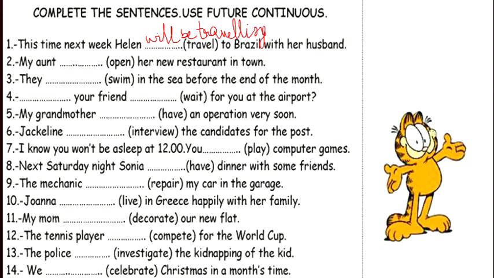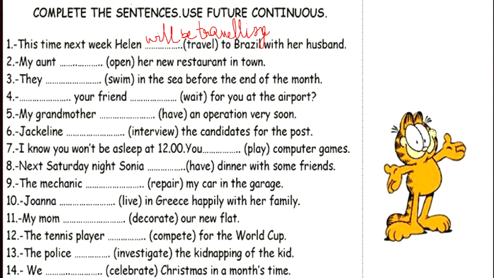T-R-A-V-E-L-L-I-N-G. This is my spelling of traveling. So this time next week is our future reference time, and the change in spelling is T-R-A-V-E-L-L-I-N-G. Helen will be traveling to Brazil with her husband.